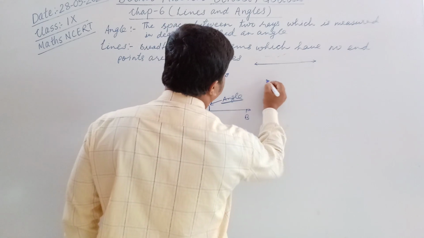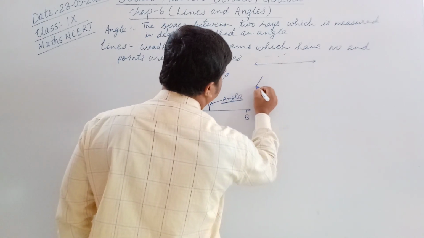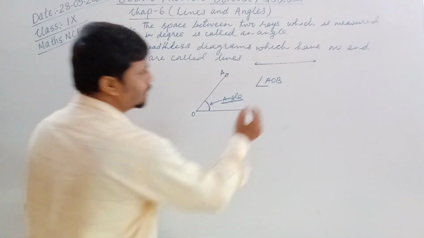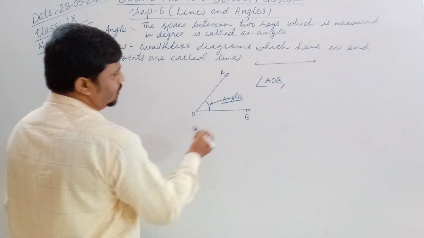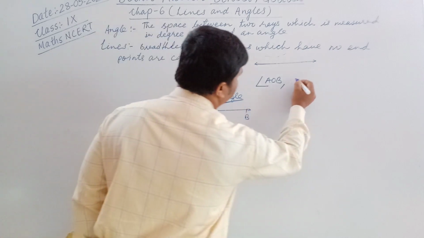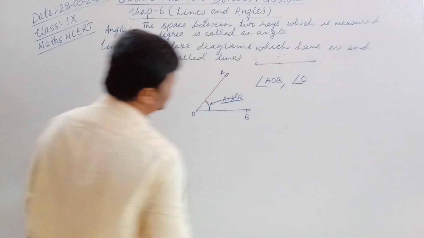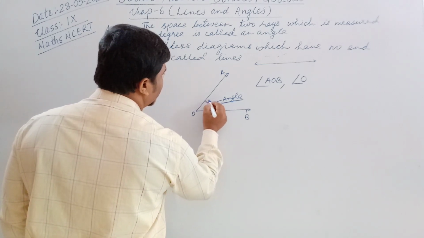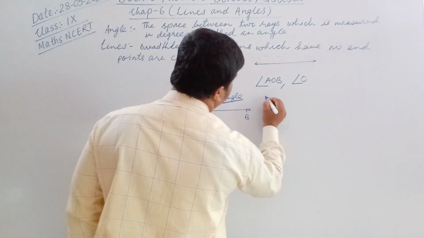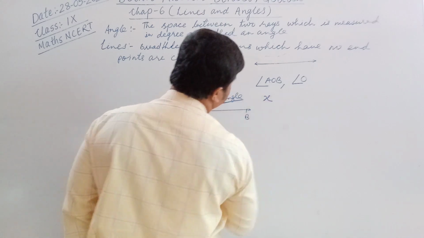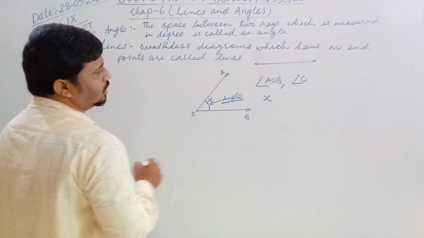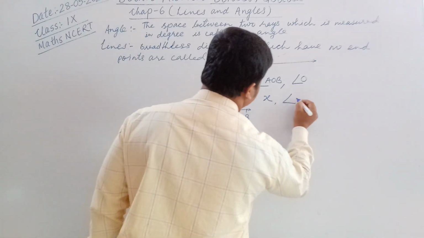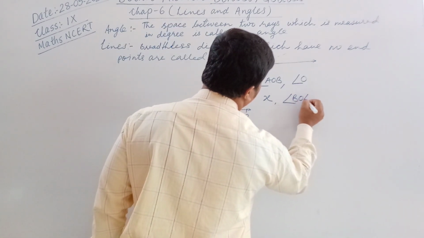We can name this angle in this way: angle AOB. Another way, if you want to take a single letter, is angle O. And if anything is given inside it, then it will be angle X. You can name it in reverse order also, angle BOA.